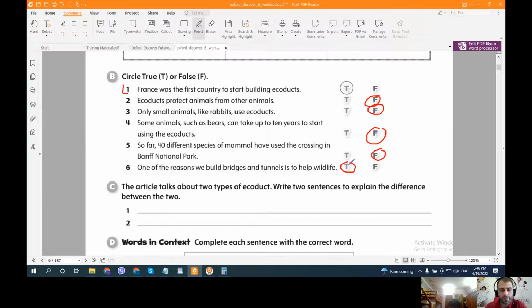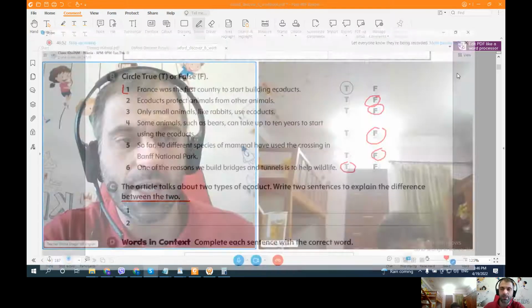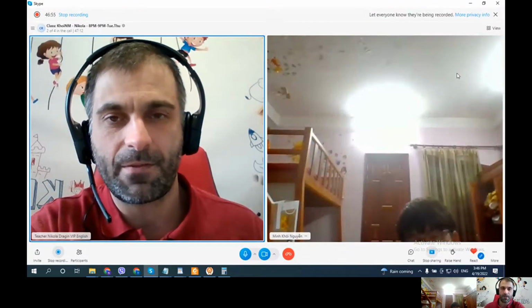Okay, so we have here, the article talks about 2 types of aqueducts. Write 2 sentences to explain the difference between the 2. Okay, now can you please tell me what the article talks about, the 2 types of aqueducts. Give me 2 sentences about aqueducts. What do you think about aqueducts?